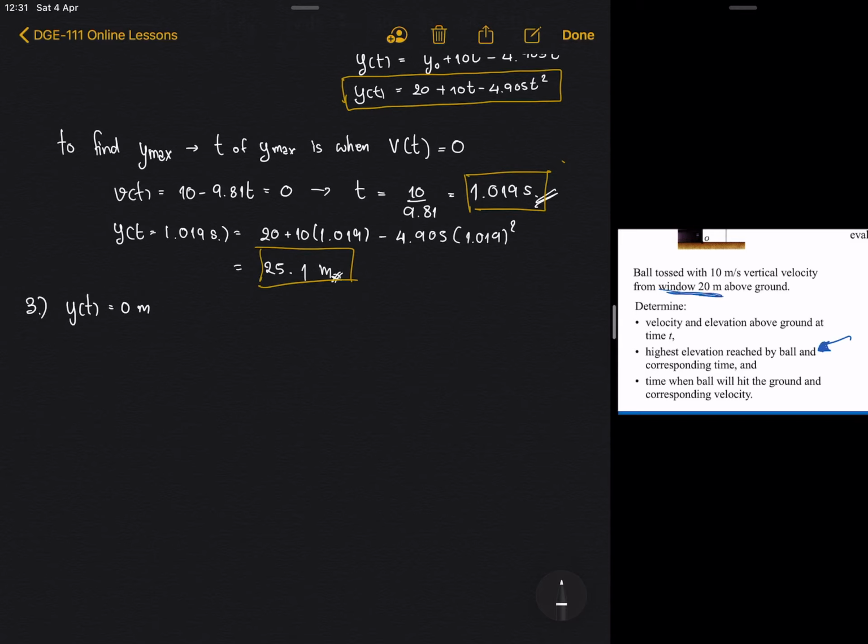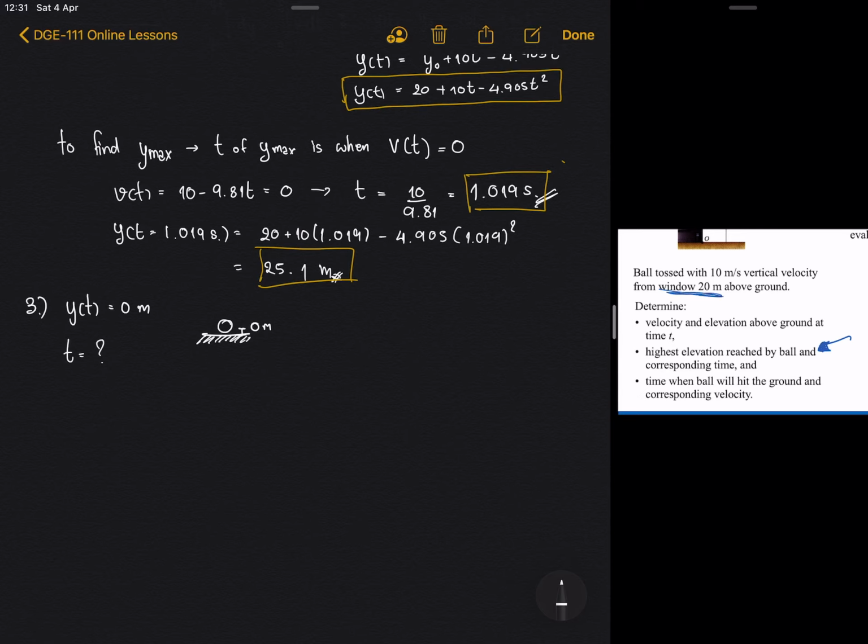So the ball is at 0 meters position, the same as the ground. And what he would like to find is the time when y is equal to 0.